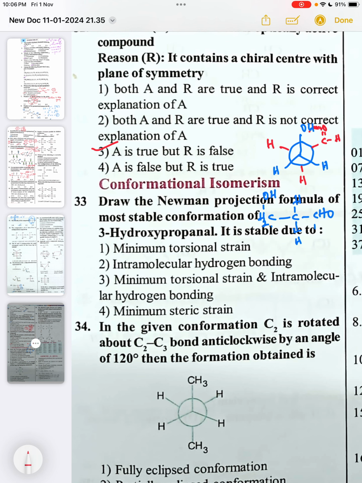Chelation is possible, stability increases, so that is more stable. The stability is because of intramolecular hydrogen bond.